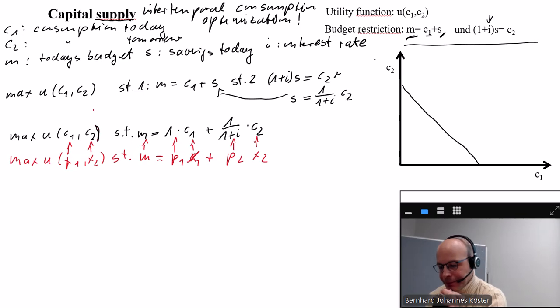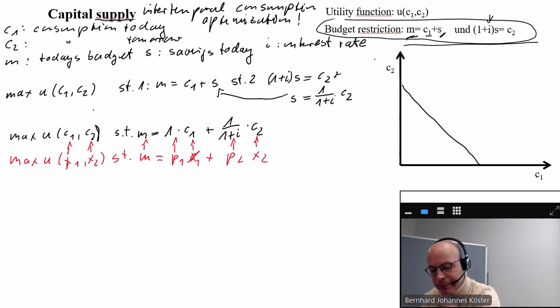Any idea? These are my restrictions. Anybody? Yep. This I have already done here.